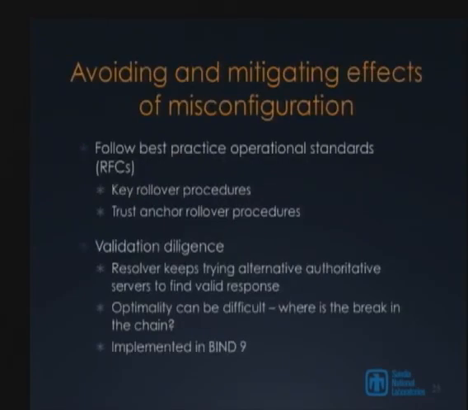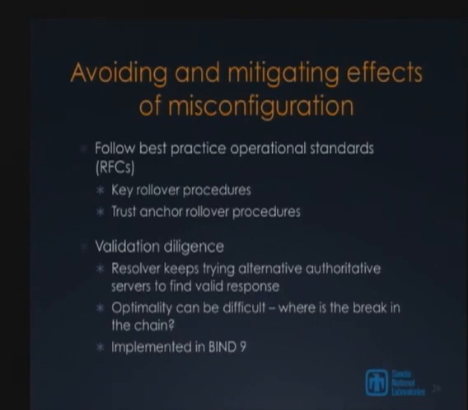So of course the best thing to do is to follow the RFC guidelines, which tell the zone administrators how to do key rollover procedures properly, how to do trust anchor rollover procedures properly.